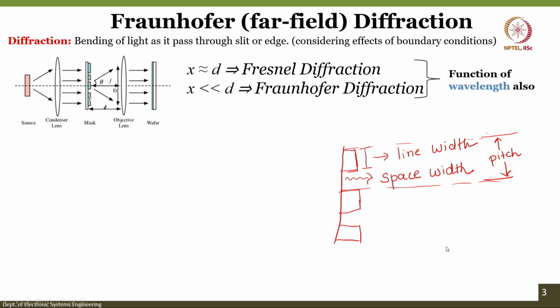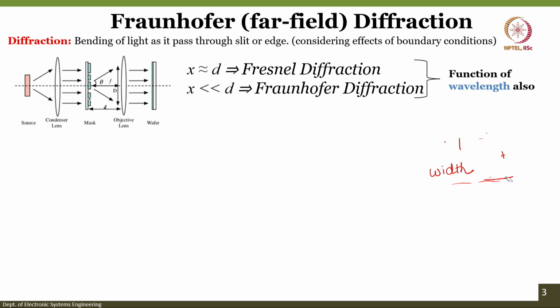So, this is the terminology. Why I explained all this is, if I now consider X as your space width, then all of you should understand what I mean by space width. When the line is there, and the space where nothing is there, the summation of that is your pitch. Let me just erase it. So, that is your line width and space width.